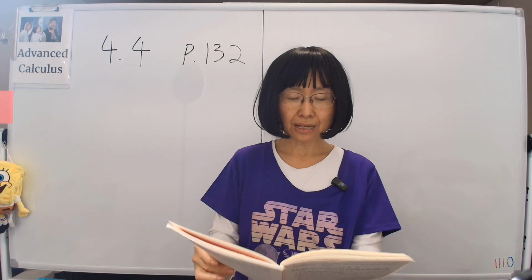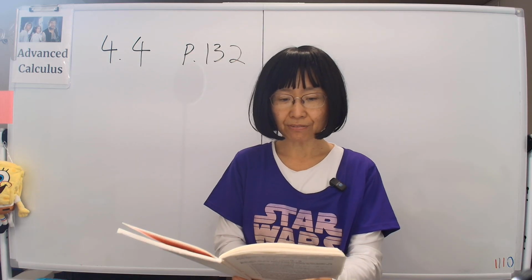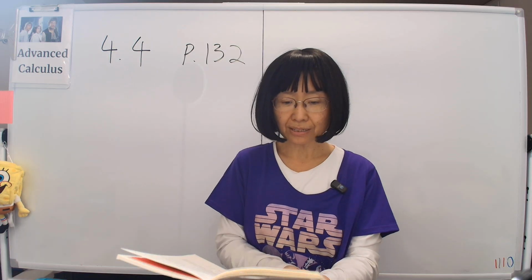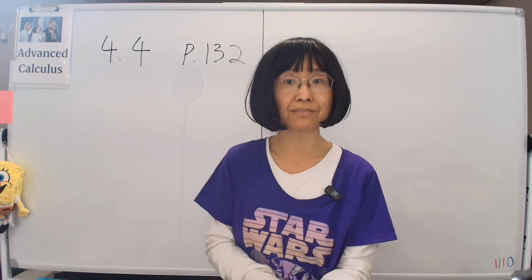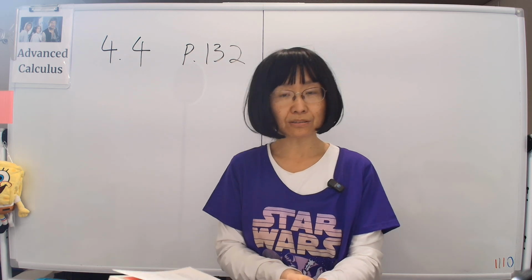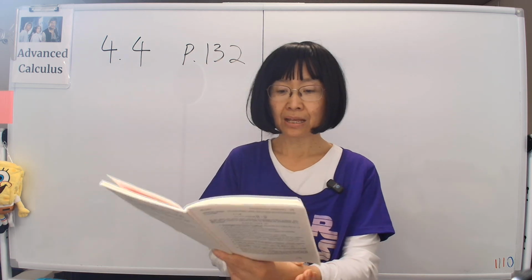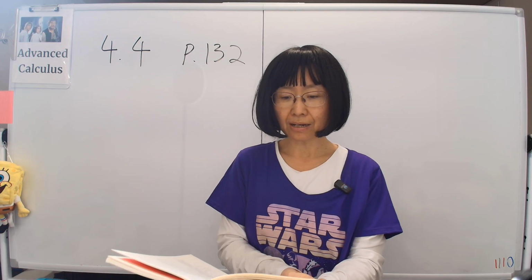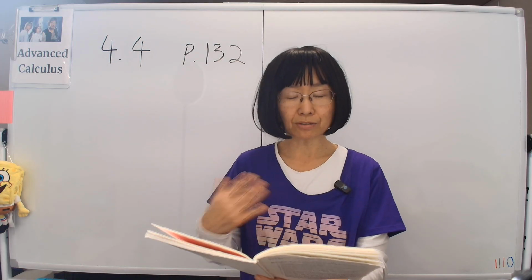So as an example, we look at the function f, which is x1 squared plus x2 squared plus x3 squared, and you can see why this is positive definite. As long as the three variables are not all 0 together, this is going to be positive. Similarly, the function g is going to be positive or 0.